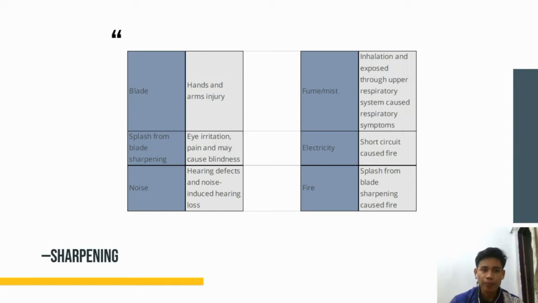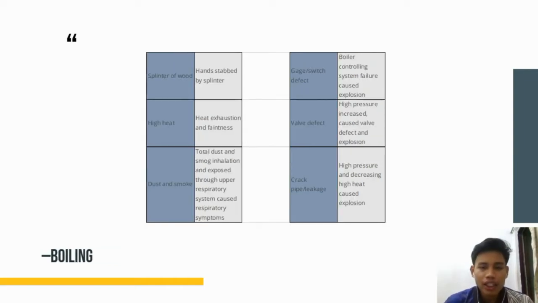As the last activity, there is the boiling, where the hazard is a splinter of the wood, which causes the hand to be stabbed by the splinter. And the hazard is the high heat that will cause heat exhaustion and faintness. And the hazard is dust and smoke, where total dust and smoke inhalation and exposure to the upper respiratory system will cause respiratory symptoms.